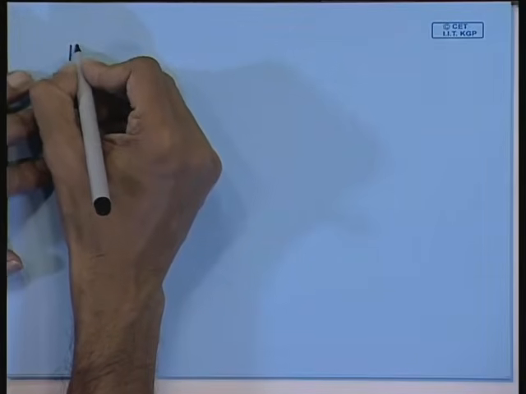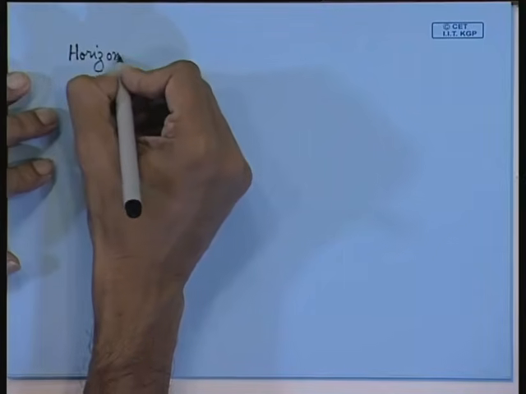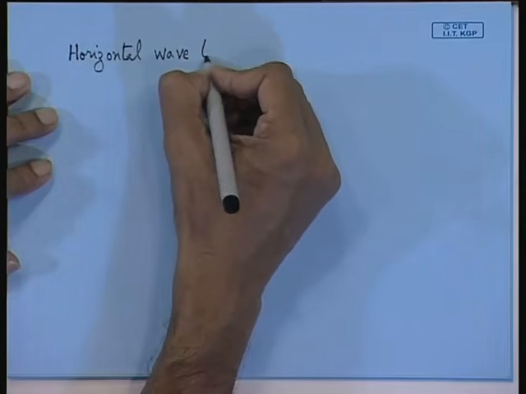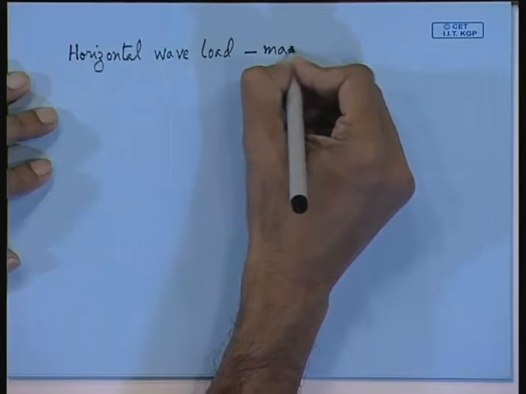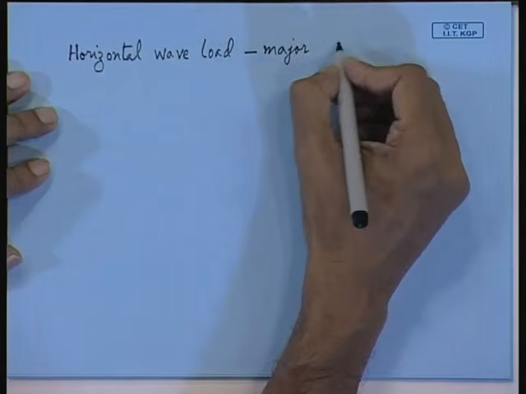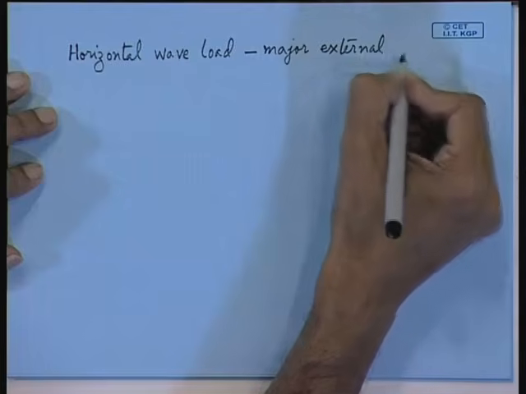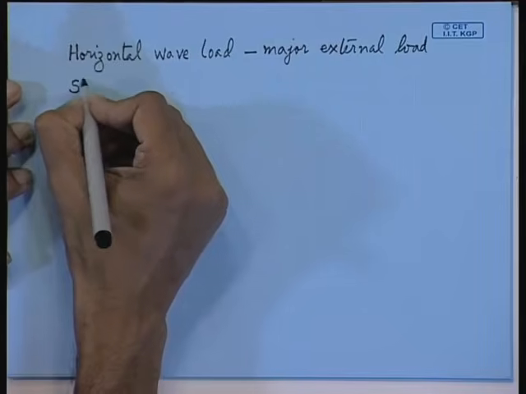Now, here the major environmental force that is coming to this platform is horizontal wave load. So, this is your major external load, right. Now, there are two types. As I have said, this will cause structure displacement.